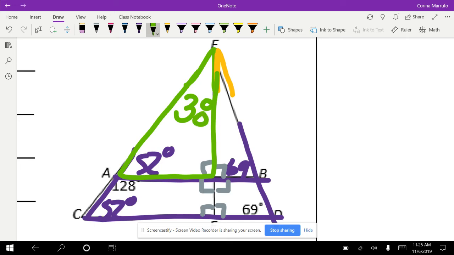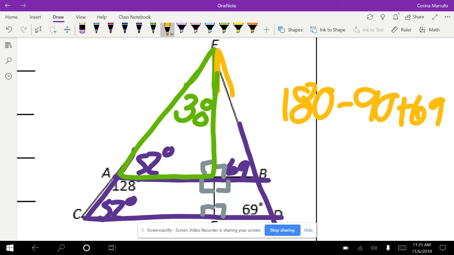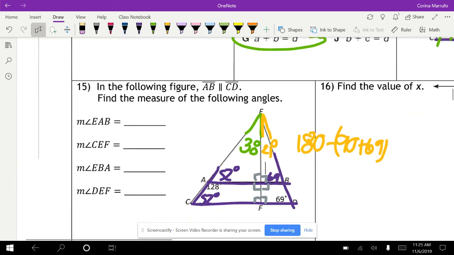And then this next one on this side, we do 180 minus the 90 plus the 69. And that gives us 11. Is that right? 90 minus 69. 21, sorry, not 11. 21 degrees.